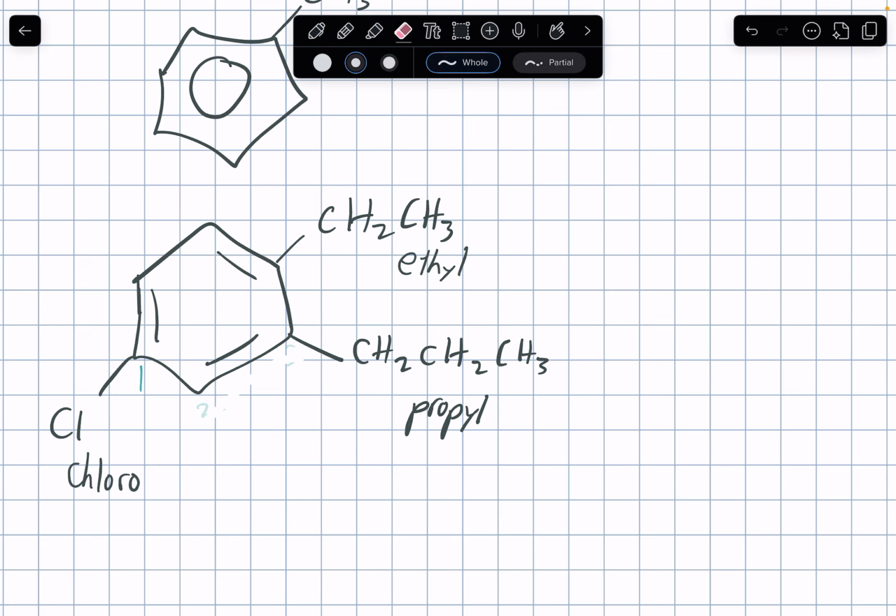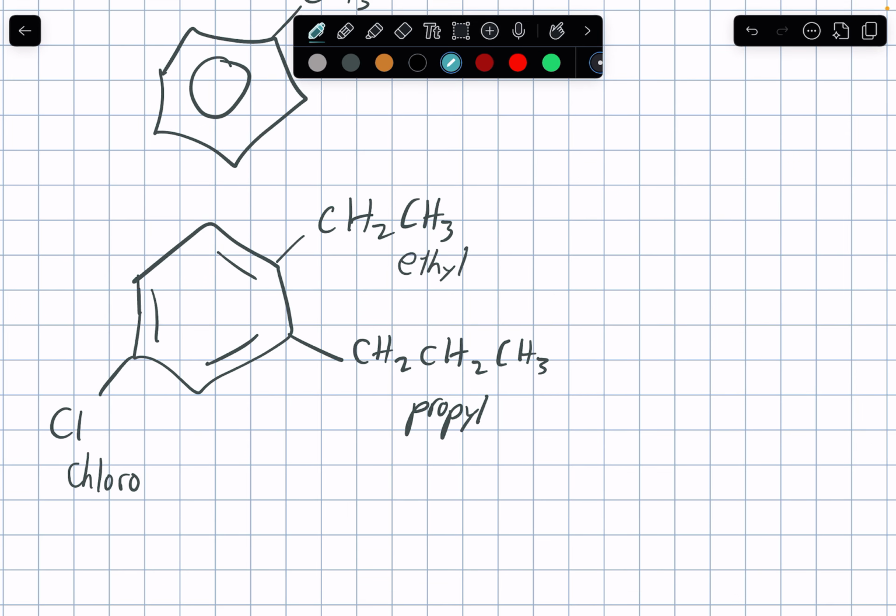What if we start here, 1, 2, 3, 4, 5? That wouldn't work, no? 5 is a bigger number compared to what we got earlier. This was 4 earlier. What if 1, 2, 3, 4? That's actually much better, no? As opposed to counting from here. Because you're giving 3 and 4 to the substituents.